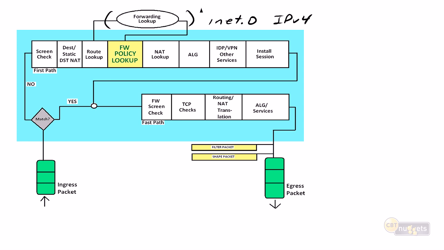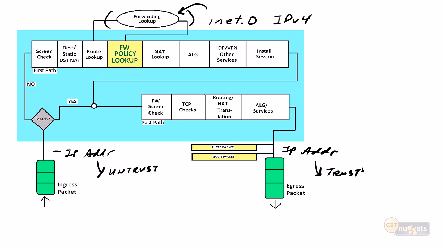Unless you configure it otherwise, that's the default behavior. So that's what we're looking up here. So when we configure IP addresses on these interfaces, and then bind these interfaces to a zone, it's going to generate a host routing table entry in inet.0. Okay, let's jump over into the CLI and cover some basics as you wrap up this nugget.